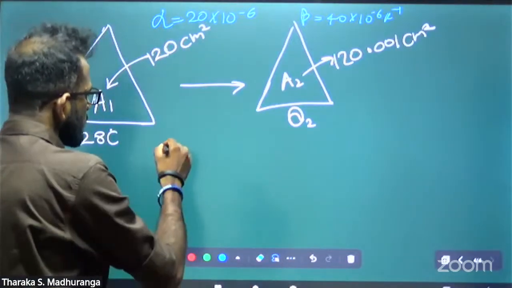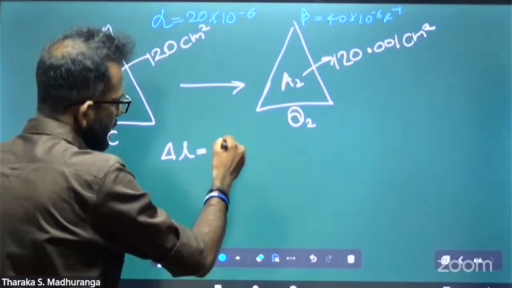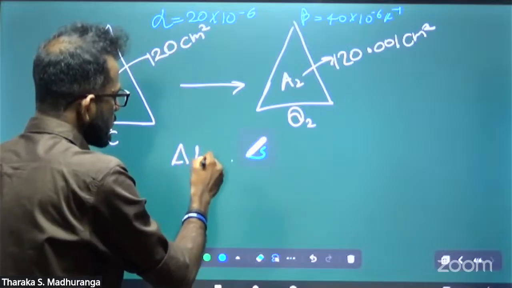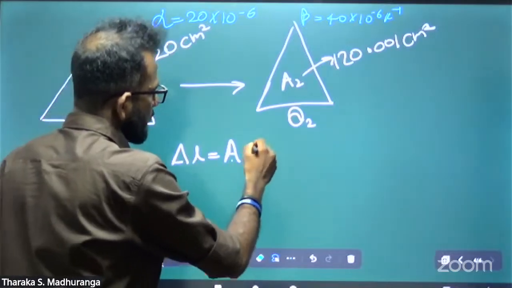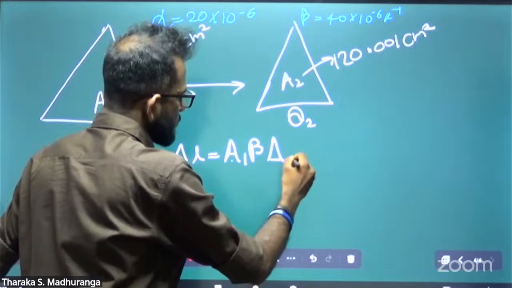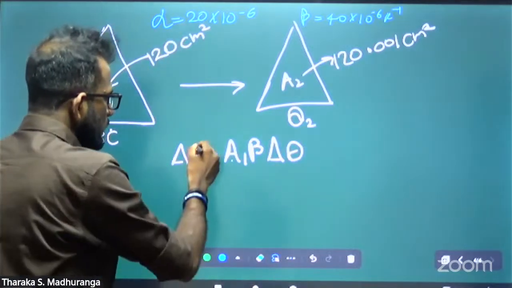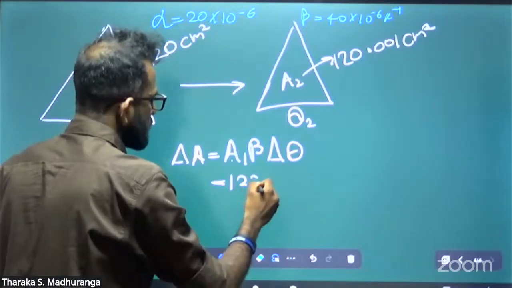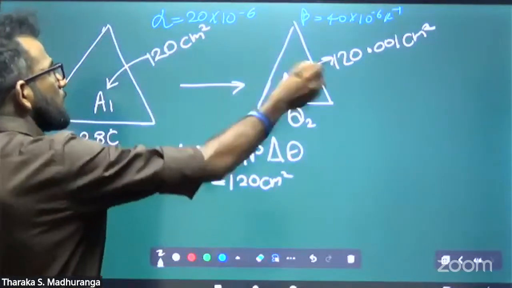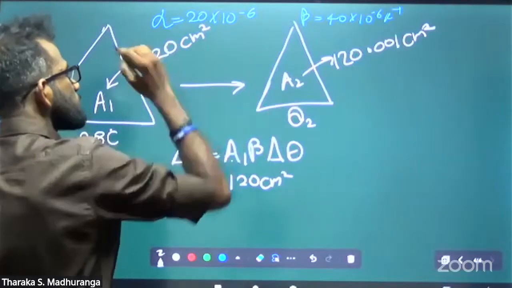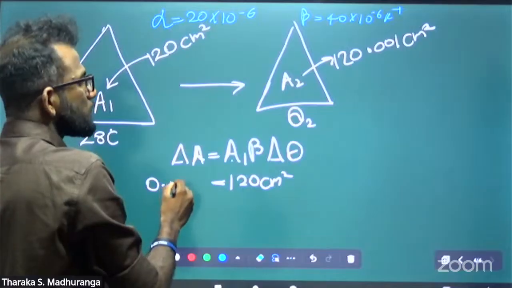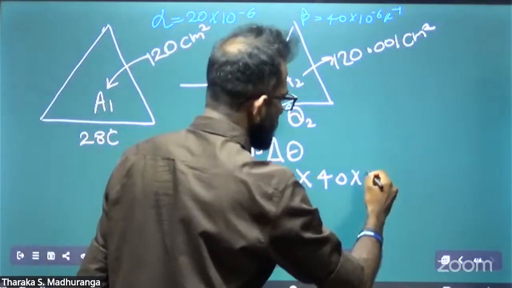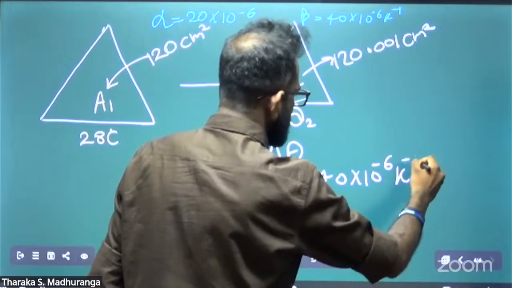Now how do you get delta A? Delta A equals A1 beta delta theta. A1 is given, 120 square centimeter. Delta A is A2 minus A1, that is 0.001 centimeter squared. The beta is 40 into 10 to the power minus 6 per Kelvin.